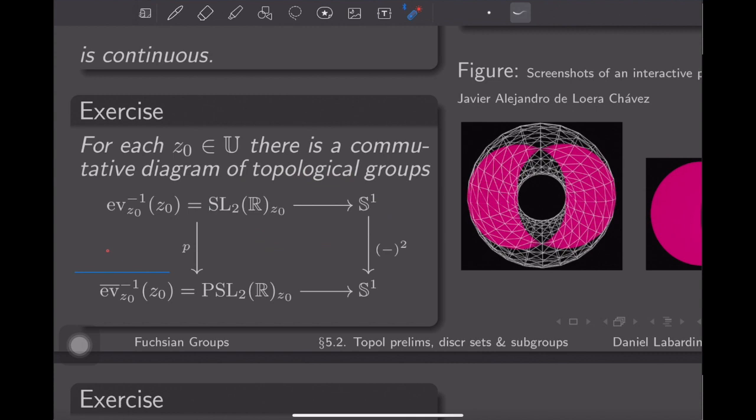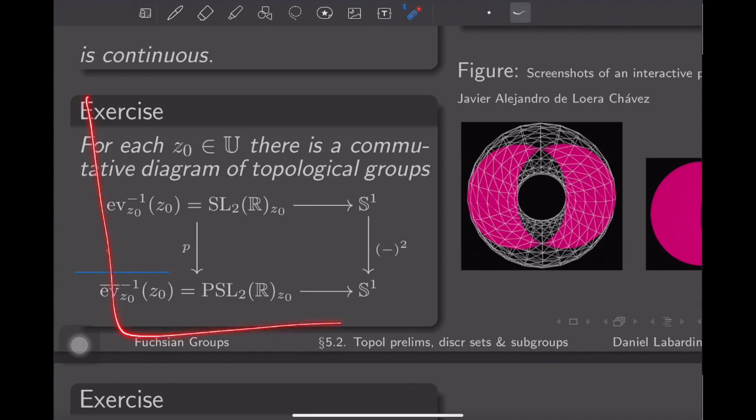And actually, this map is 2 to 1, because two matrices here give me the same Mobius transformation if and only if they differ by a minus sign.